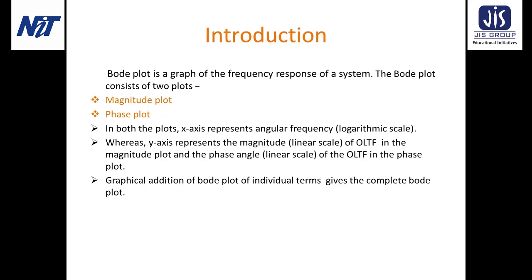The open loop transfer function represented in factored form is approximated by a number of asymptotic straight lines, that means one for each factor, which may be added graphically to produce plots accurate enough for most of the design studies. Now, the Bode plot is used to determine the gain margin and the phase margin for analyzing the stability of the closed loop system.